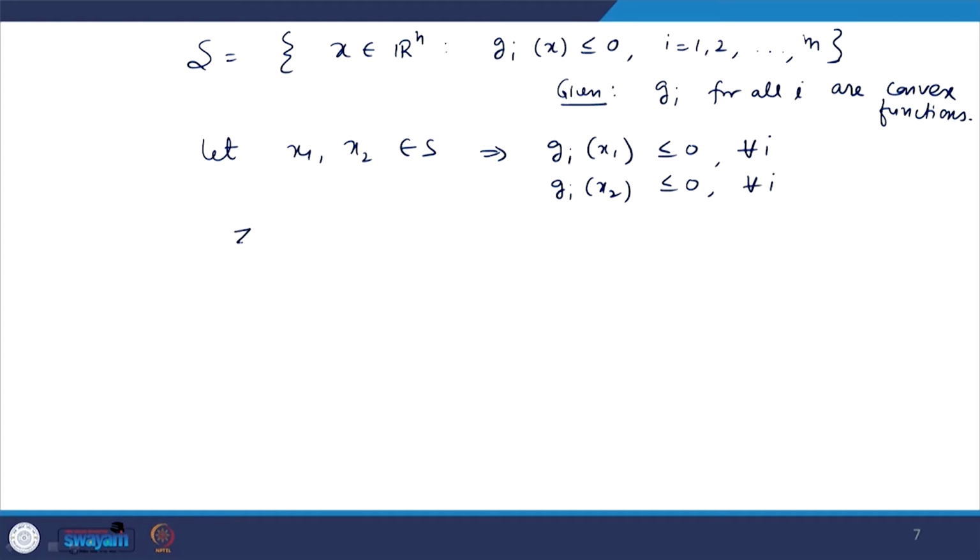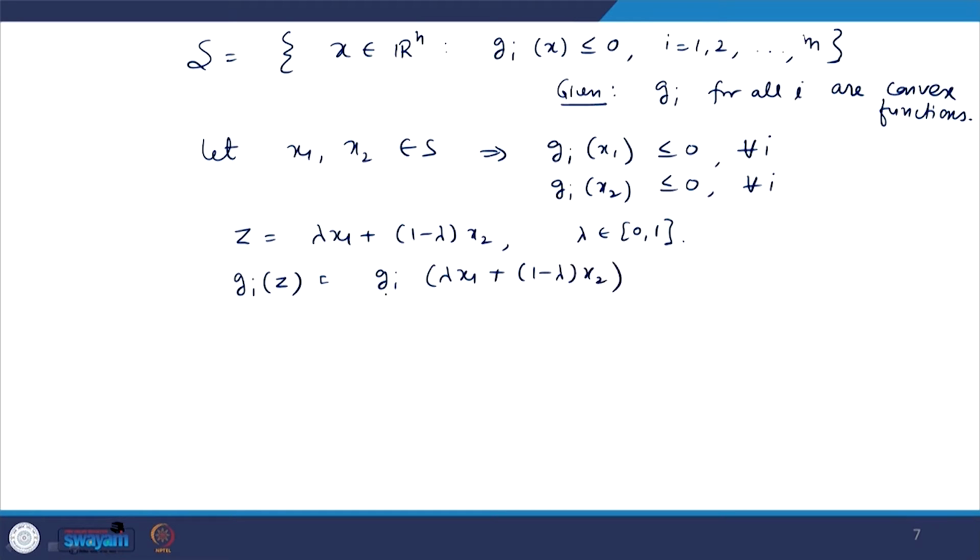Now, let z equal lambda x1 plus 1 minus lambda x2, which is a convex linear combination of x1 and x2. Now, what is Gi(z) for any i? It is Gi(lambda x1 plus 1 minus lambda x2).